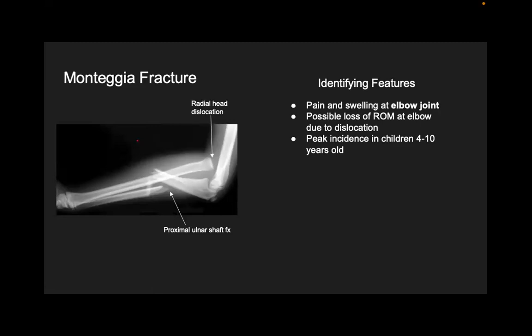Or if you forgot to say Monteggia fracture, you could completely describe it based off what you see, that you see an ulnar shaft fracture, a little bit more proximal, and then you could see here, obviously the radial head is completely dislocated from its articulation here, okay?